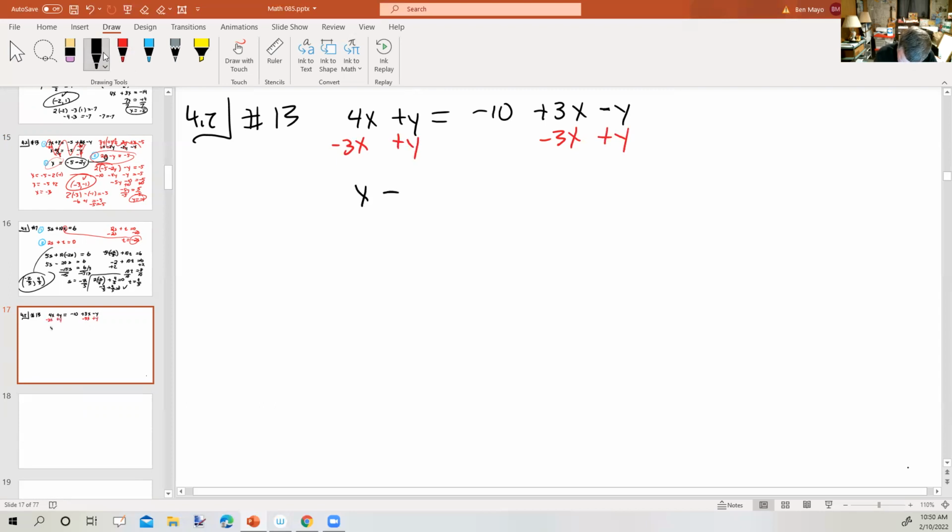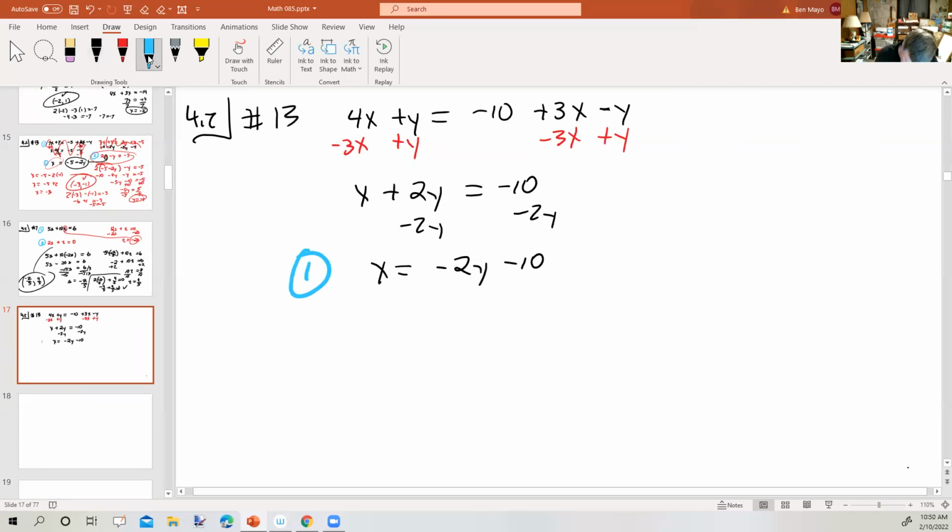That gives me x plus 2y equals negative 10. Okay. I'm going to go ahead and subtract 2y from both sides. So I get x equals negative 2y minus 10. And that's going to be my cleaned up version of equation number 1.